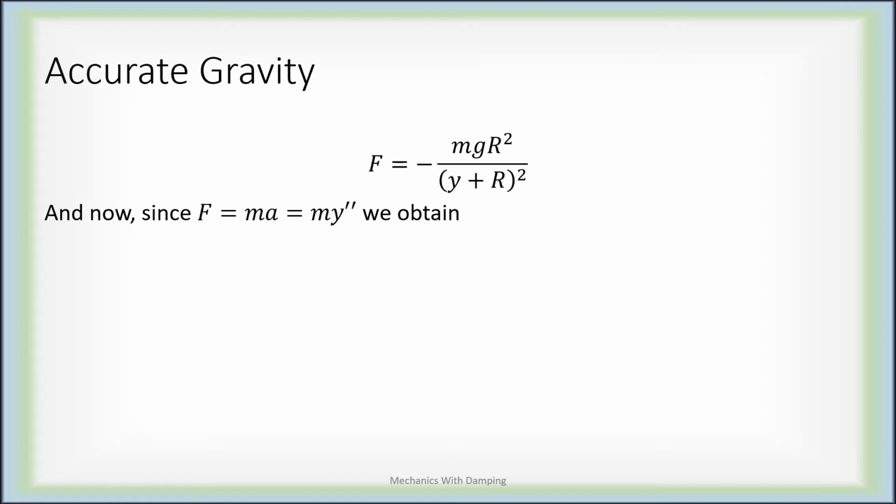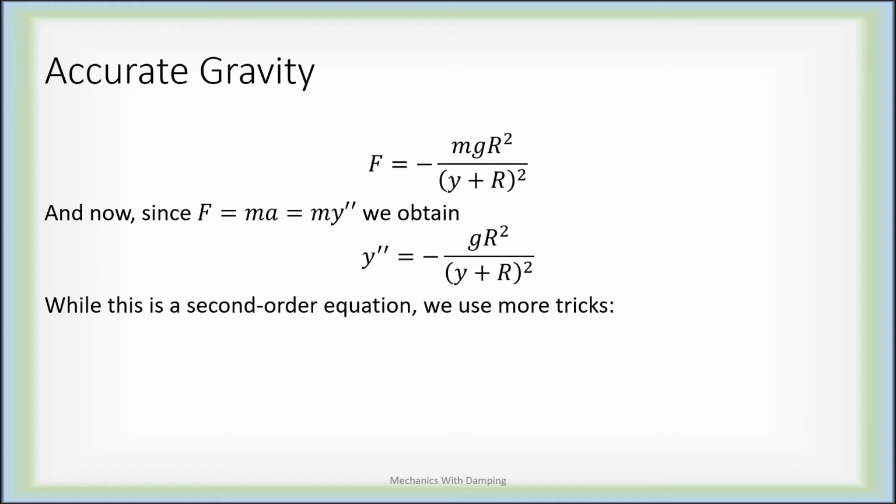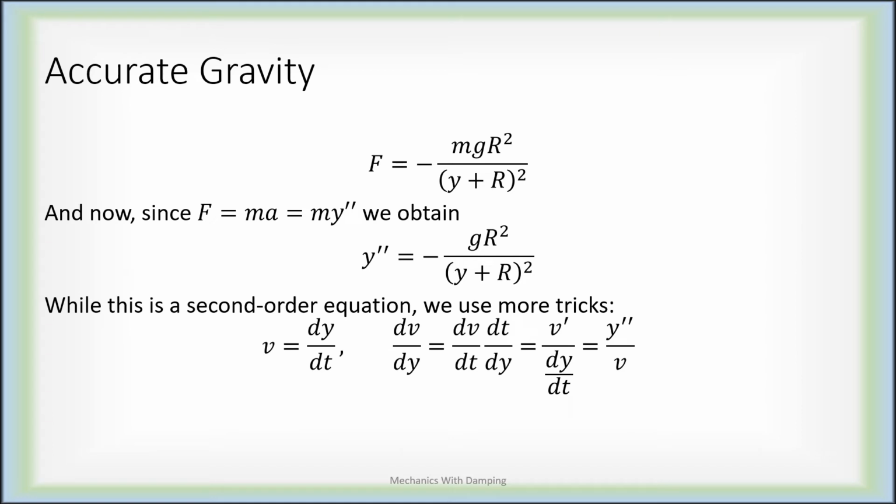Force is also m times y double prime, so putting that in on the left, we can cancel the m from both sides. y double prime is negative g r squared over (y plus r) squared. This is a second order equation. We've got y double prime, but there's some more trickery we can do here. The velocity is dy/dt, but from the chain rule, if we tried to compute dv/dy, it would be dv/dt times dt/dy.